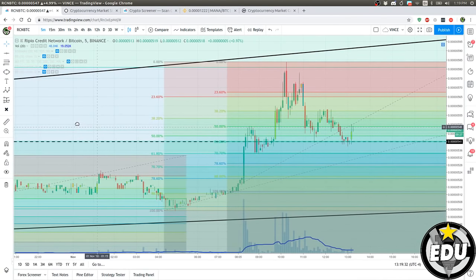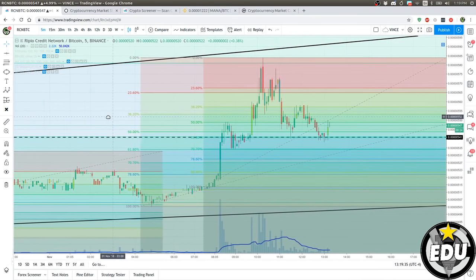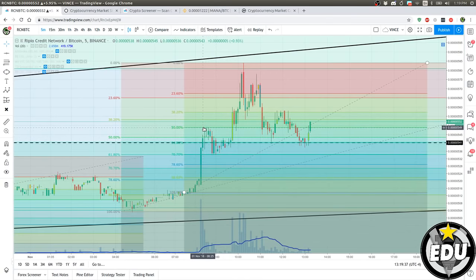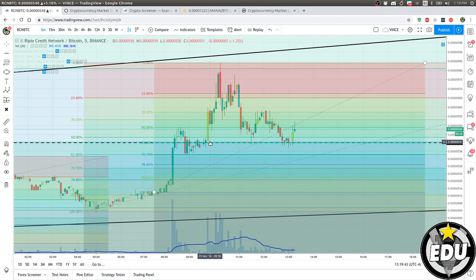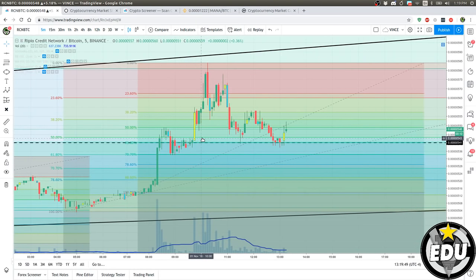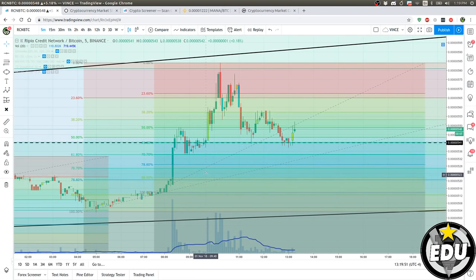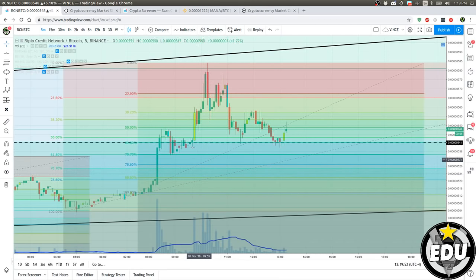So you would have used your yellow candle again, the same technique you just used with RLC. Imagine you don't see the whole right-hand side, you just see the top candle and the rejection. Is that the 38.2 on your fib? That would have been kind of where your bounce point was.